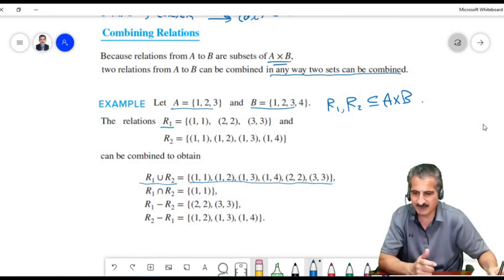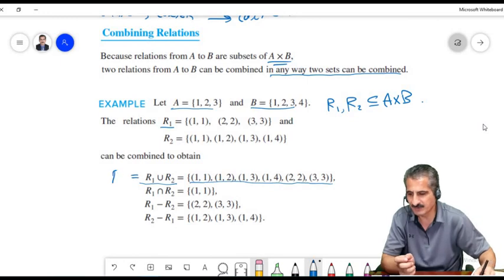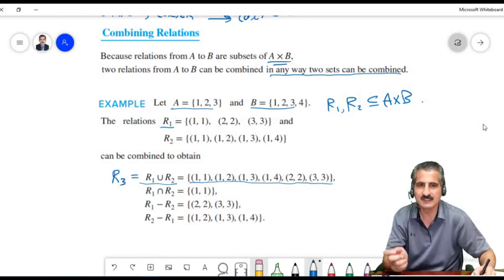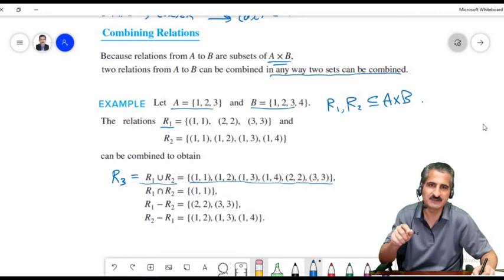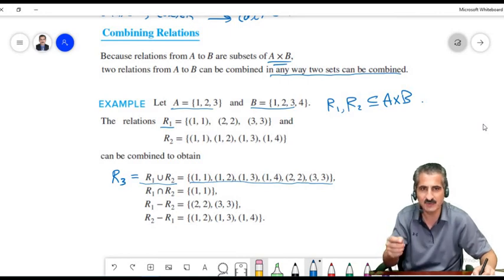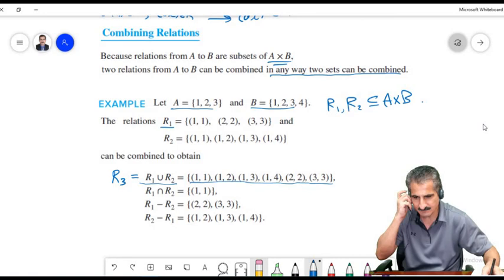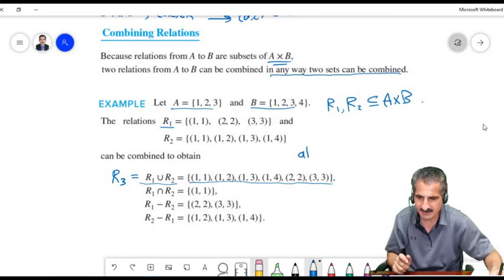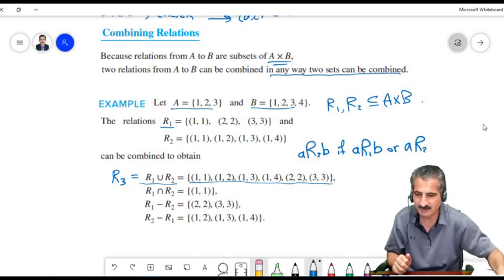So if I call it R3, A is R3 related to B if A is R1 related to B or A is R2 related to B. What I said here means A is related to B through the relation R1 or A is related to B through the relation R2.